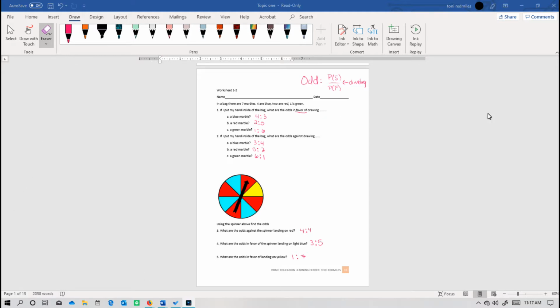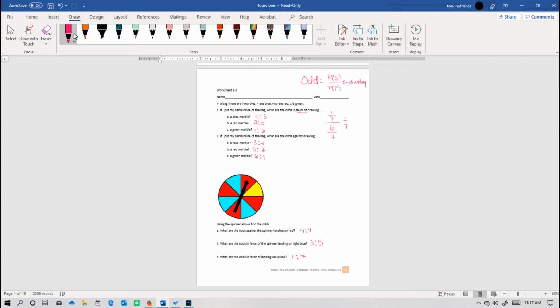All right, the last one in number 1 is the green marble. Well, I only have 1 marble in favor, and if I add up my blues and reds, I have 6 marbles not in favor of the odds. So 1 to 6. If I did my fancy little formula here, the probability of success is 1 green marble out of 7 outcomes, divided by 6 events not in favor out of 7.